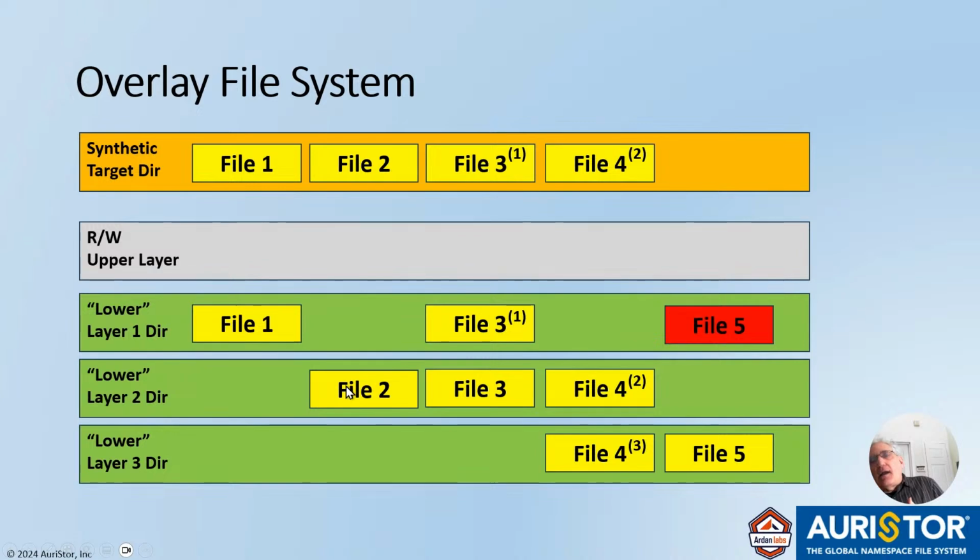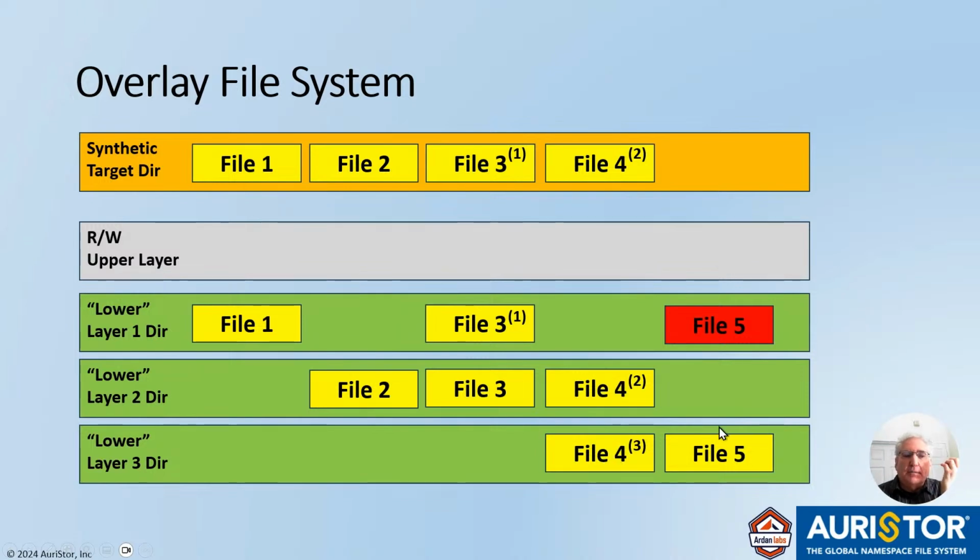If I ask it to look for the file, it'll find it in the second layer. If I have 1 and 3, one in layer 1 and layer 3, it'll find the topmost one, this one. Similarly, if I have 1 in layer 2 and 4, 2 and 3, it would find the 1 and 2, not the 1 and 3.